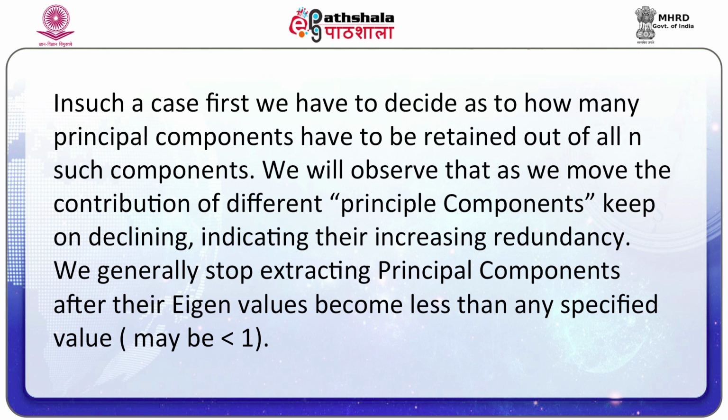We will observe that as we move, the contribution of different principal components keeps on declining, indicating their increasing redundancy. We generally stop extracting principal components after their eigenvalues become less than any specified value, may be less than 1.